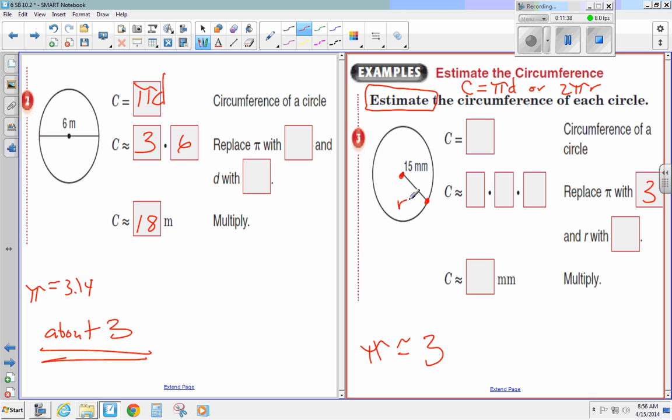That is r. So we're using the circumference formula of 2 pi r. Putting a 2, replace pi with 3, and the radius is 15 millimeters. So 3 times 15, times 2, 90 millimeters is our circumference.